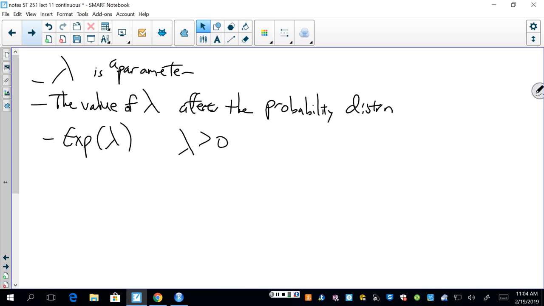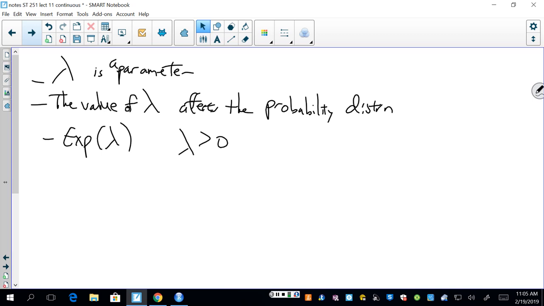And what affects the probabilities, through that density function, or through the cumulative, or through the tail area chances that we calculated, is this parameter. A lot of statistics is, you have a set of data, how do you estimate lambda? In mathematical statistics, we do more with figuring out how to estimate it from data. In this case, we're going to look at different lambdas and see how it affects chances.